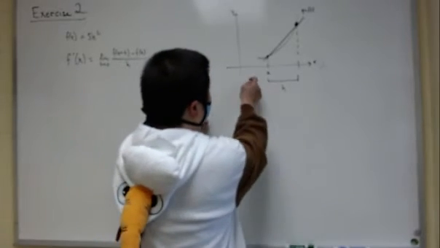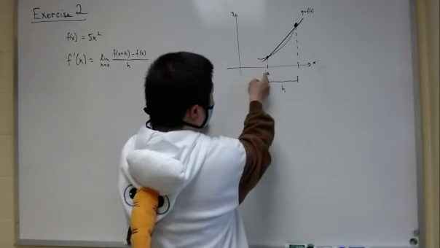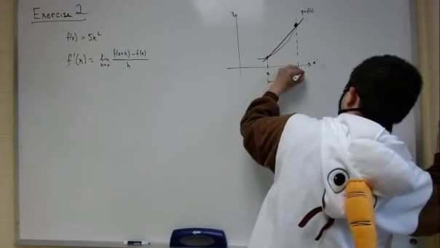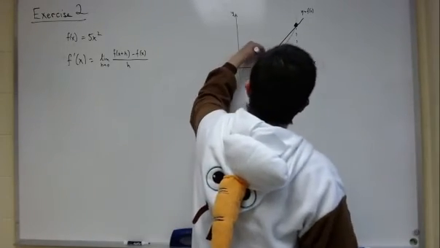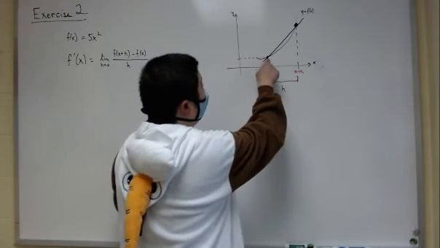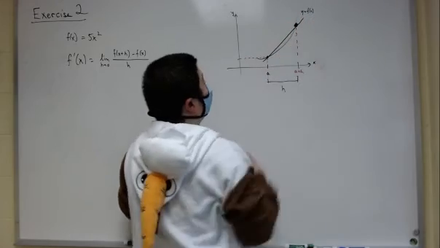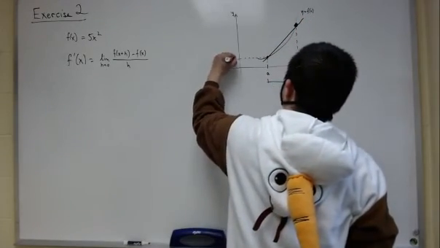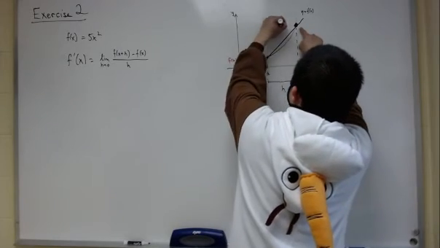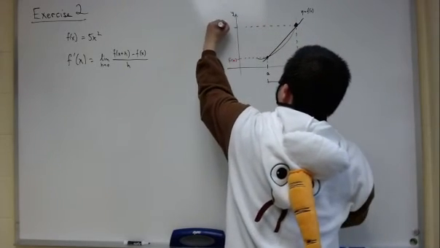So if this much is a, from here to here, that's why there's an a tick line. That much is h, so this has got to be a plus h. And then the y value: if the x value is a, and the point is on the curve y equals f of x, this has got to be f of a. And if the x coordinate is a plus h, the y coordinate here has got to be f of a plus h.